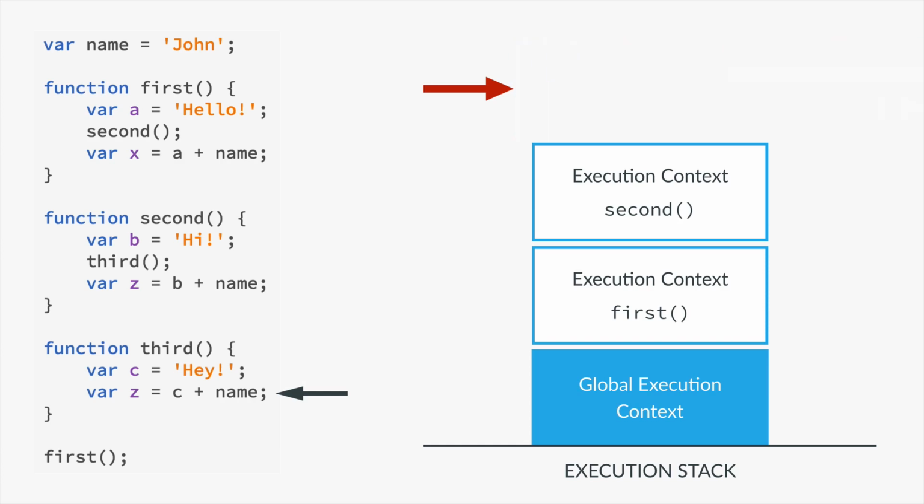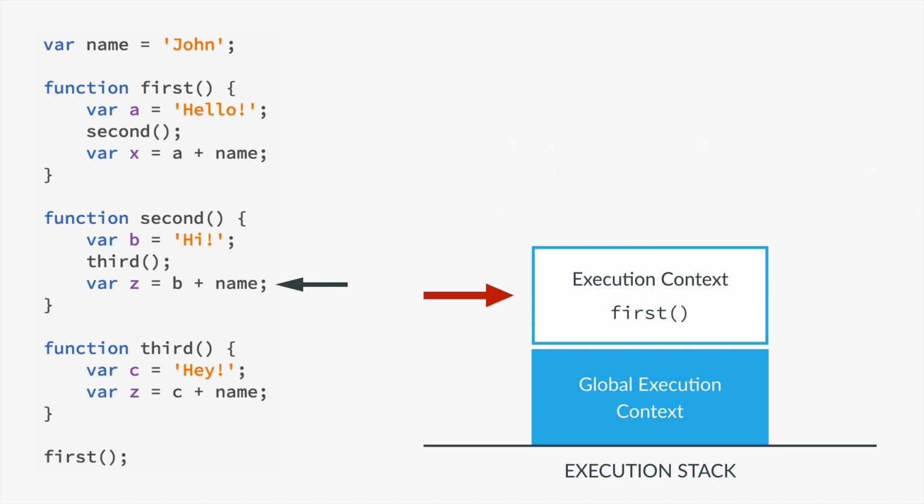And then the context of the second function, which called the third function, is back to being the active context. And we go back to the second function. So this z variable gets stored in the currently active context, and after the function returns, the context also pops off the stack.